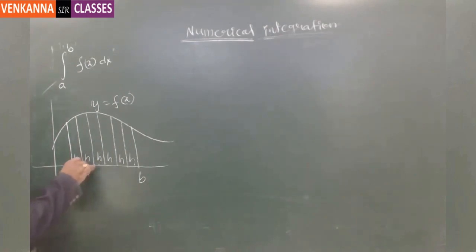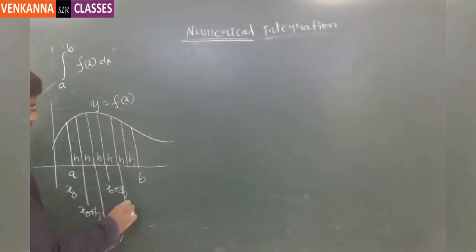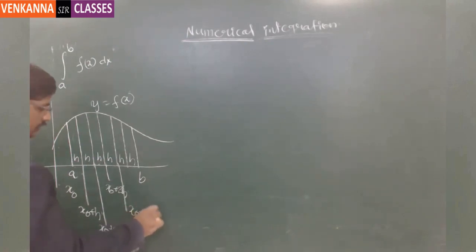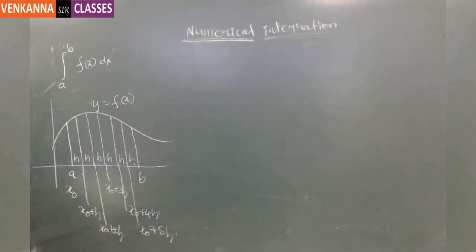Now this value is x0 plus h, this value is x0 plus 2h, this is x0 plus 3h, this is x0 plus 4h, this is x0 plus 5h, and the last value is b.